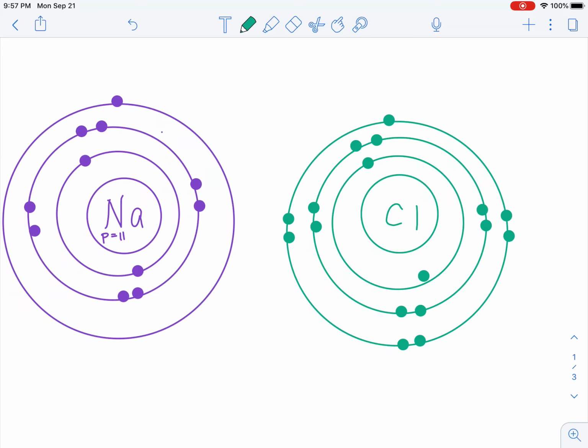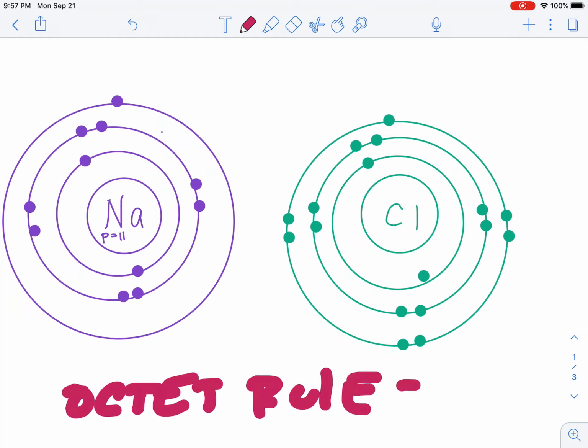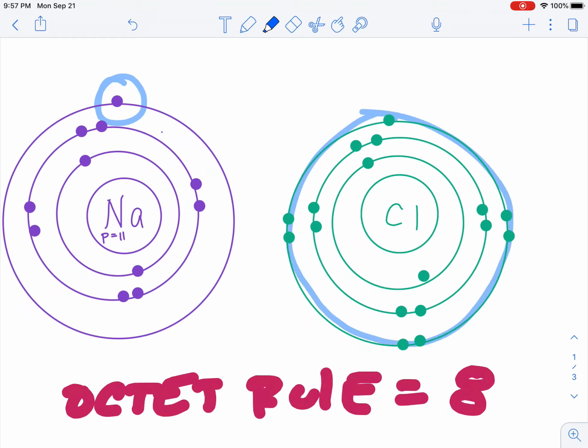Now, the goal of the octet rule is it's going to want 8. Everyone wants 8 valence electrons, 8 outer electrons, 8 in the last shell. So sodium has to contend with this one, and chlorine has all 7 of these.